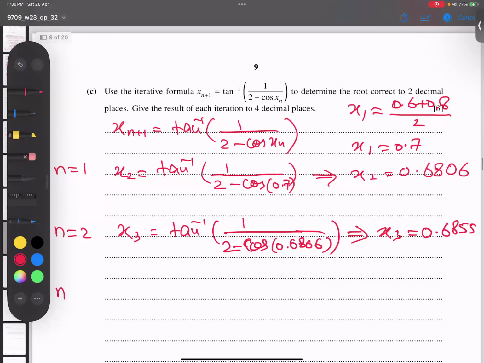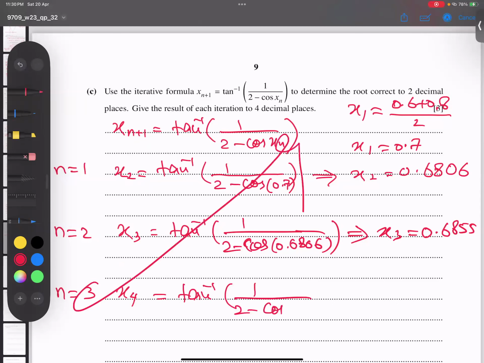Now I'll plug in n equals 3 and I get x4, because 3 plus 1 is 4. Tan inverse of 1 over 2 minus cos of x3, and x3 is 0.6855. The answer x4 is coming 0.6843.